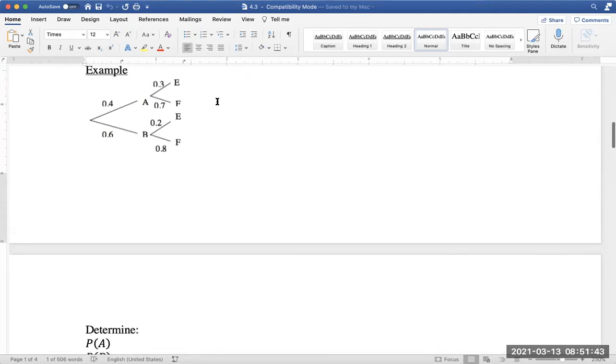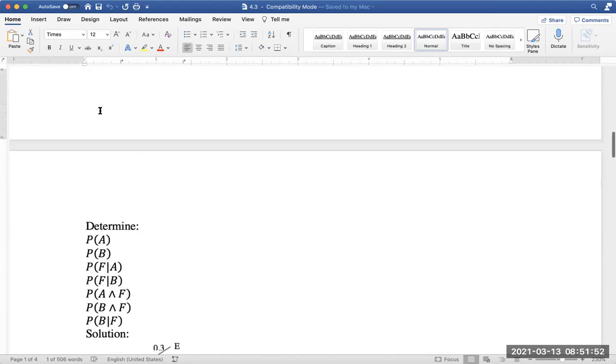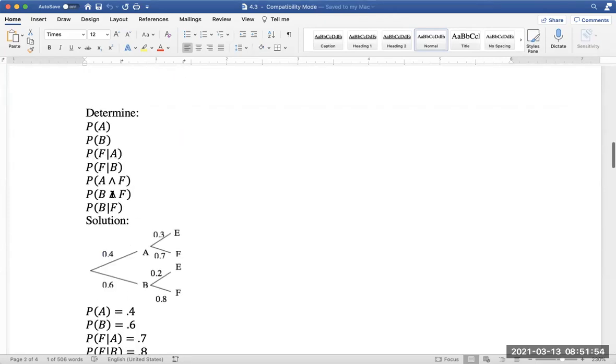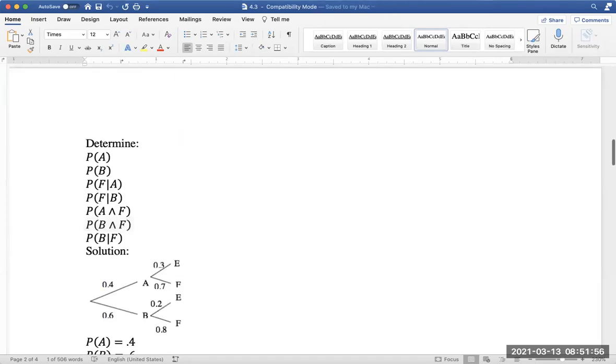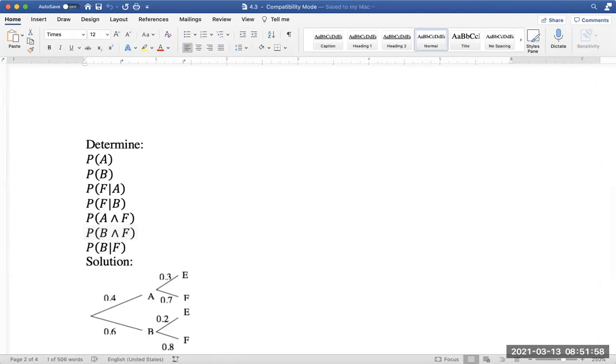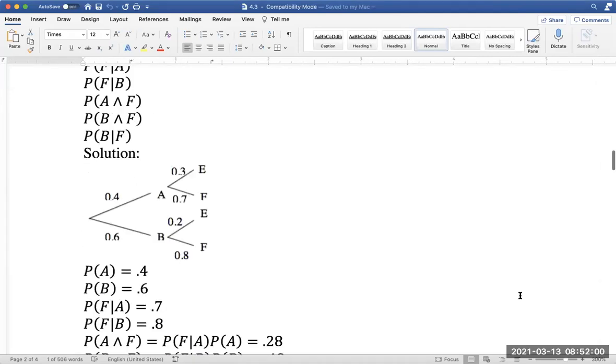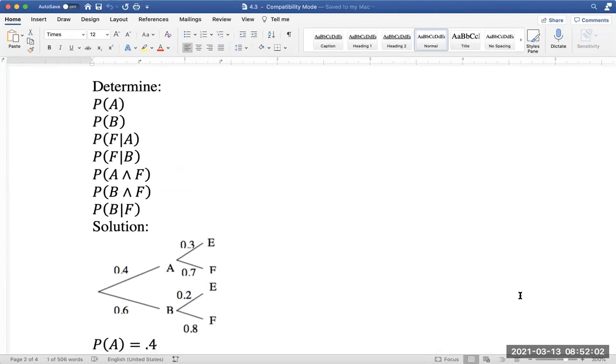So I want to figure out the probability of A. Well, I just read the tree diagram. The probability of A is 0.4.